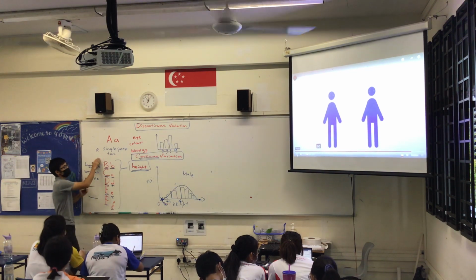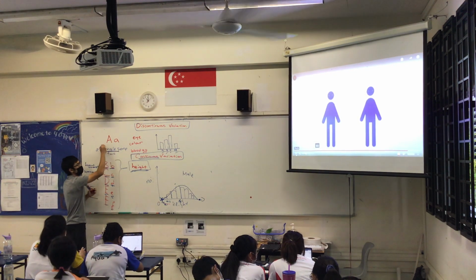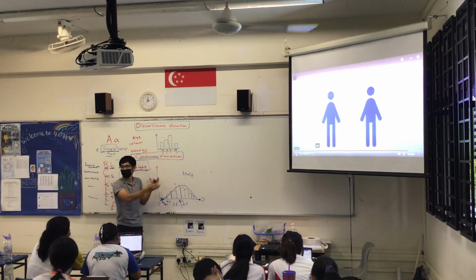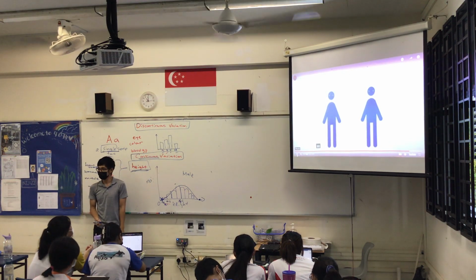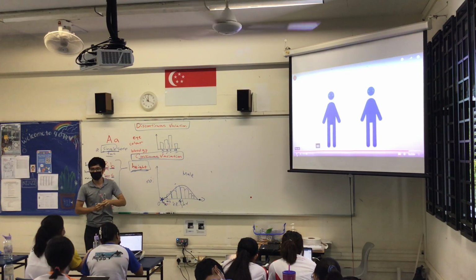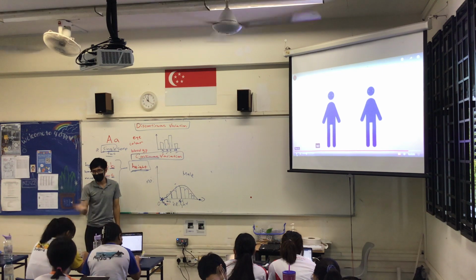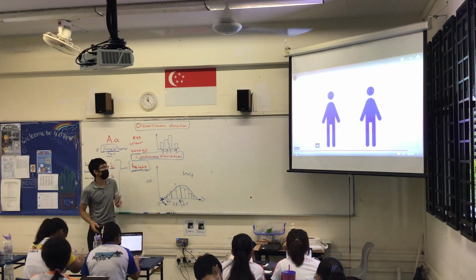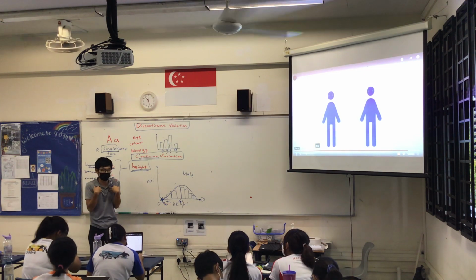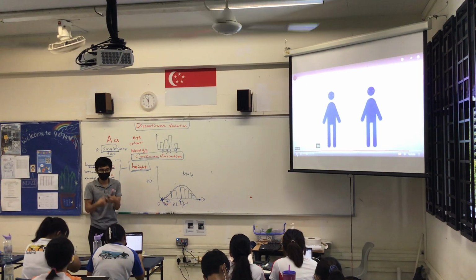But for characteristics that are defined by a single gene or one or two, you can only fall within certain categories. That's the difference between discontinuous and continuous variation. And in reality, very few traits are discontinuous in nature. A lot of things we see in ourselves are continuous in nature.